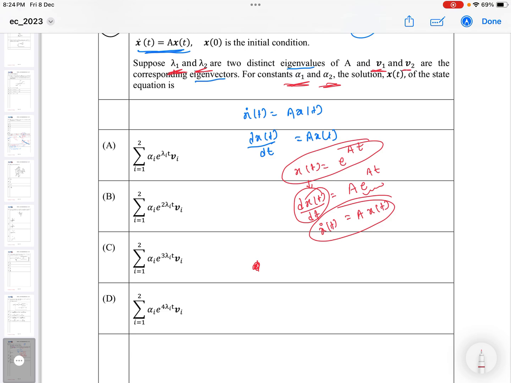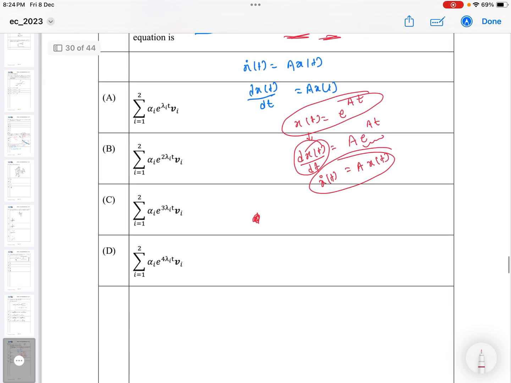So if we have to write in terms of eigenvalue and eigenvector, then the solution for this differential equation will be alpha 1 times e to the power lambda 1 t v1 plus alpha 2 e to the power lambda 2 t v2, right?